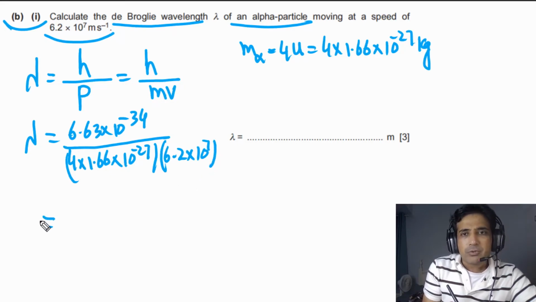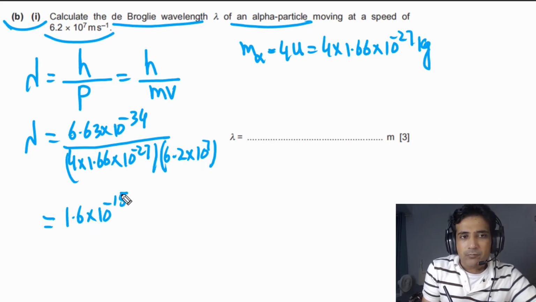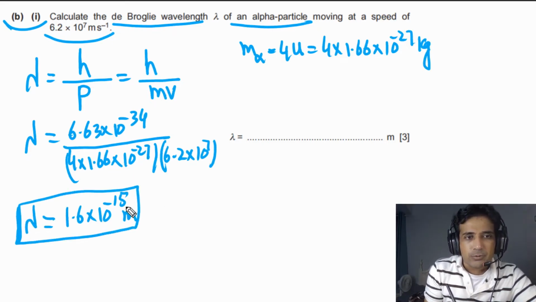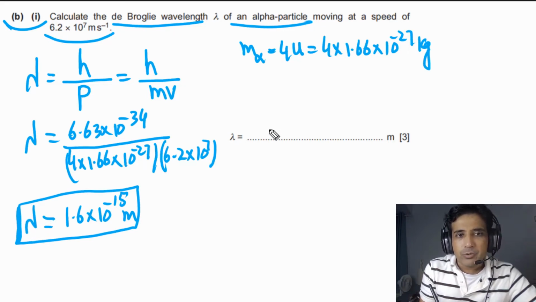If we simply solve this, our final answer will be 1.6 times 10 to the negative 15 meters. So this is the value of lambda. You have to use the formula and you can calculate the value of lambda. So our final answer up to 2 significant figures is 1.6 times 10 to the negative 15 meters.